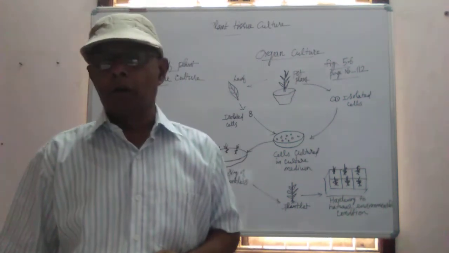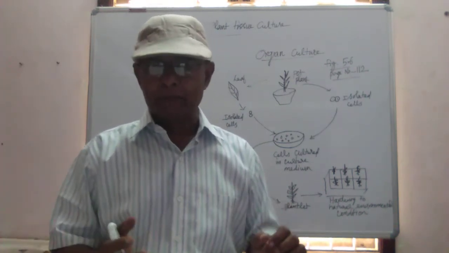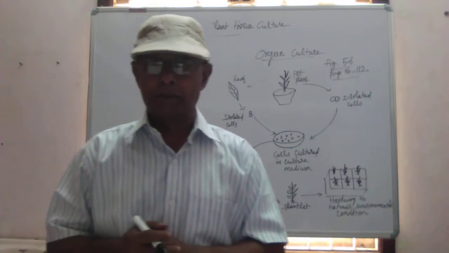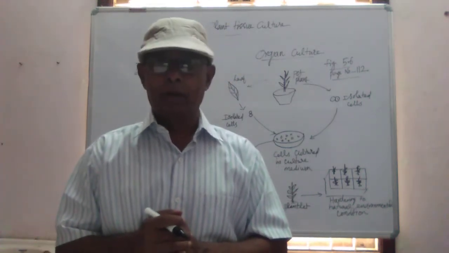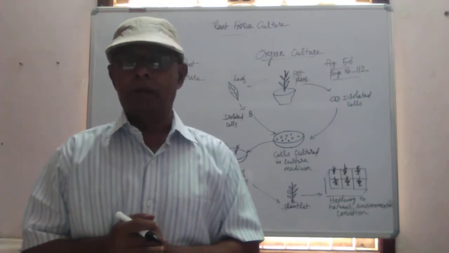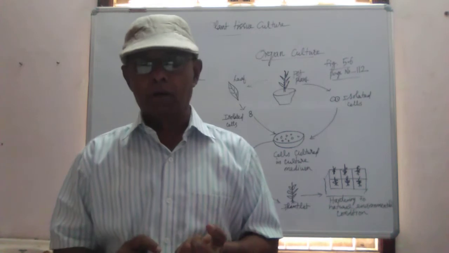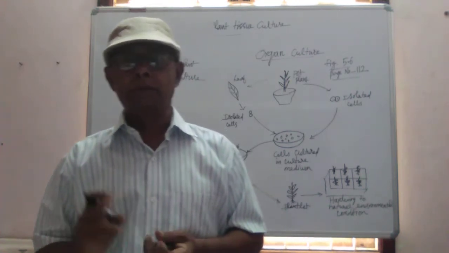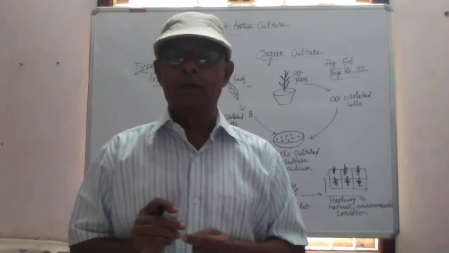Based on the explants used in plant tissue culture, there are four types of culture possible. Number one, organ culture. Number two, meristem culture. Number three, protoplast culture. Number four, cell culture.